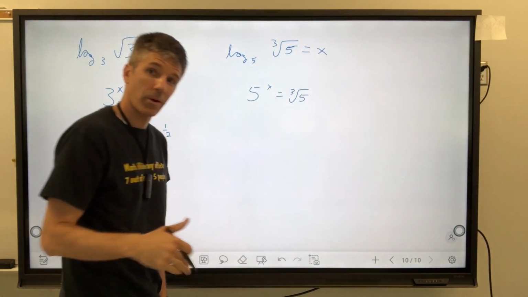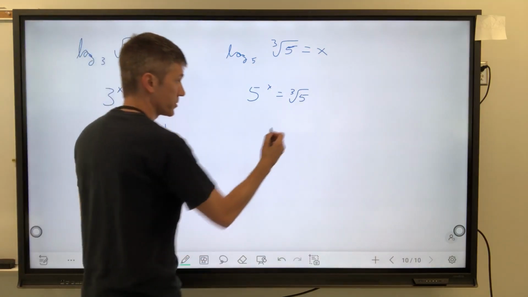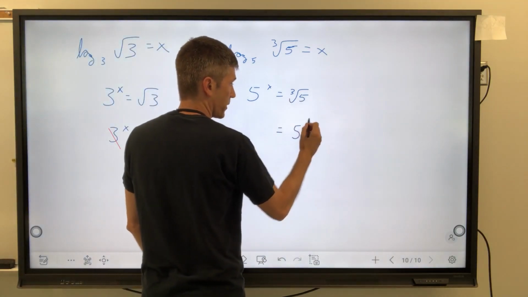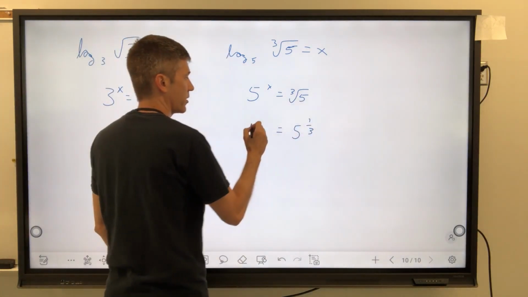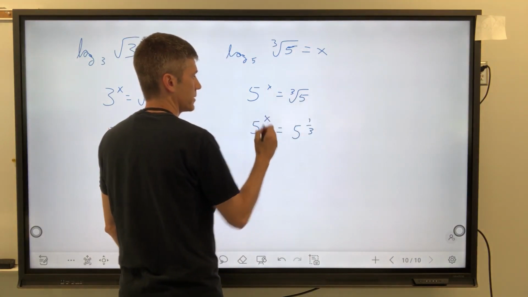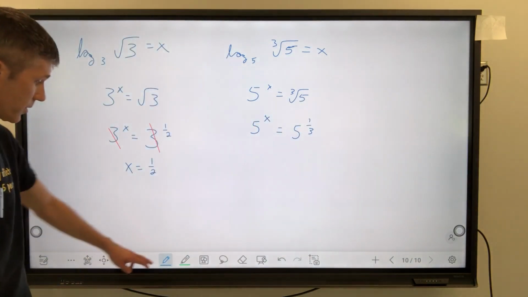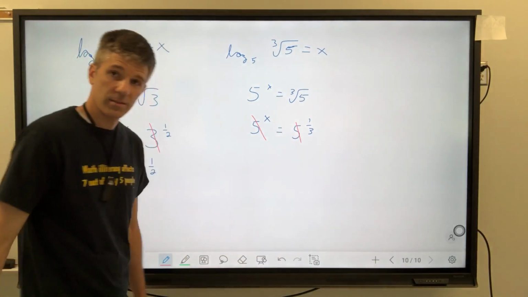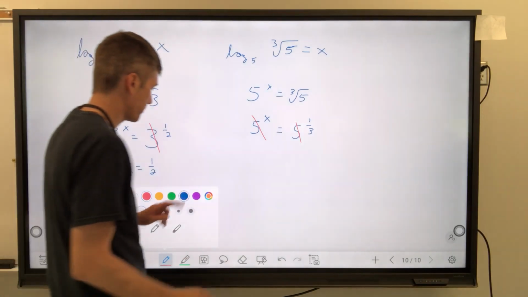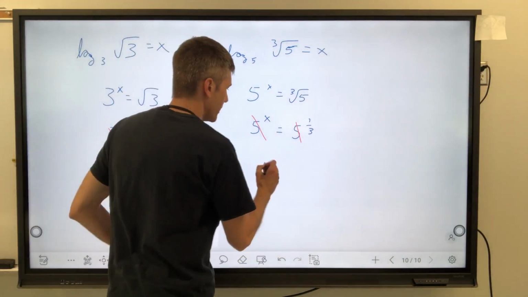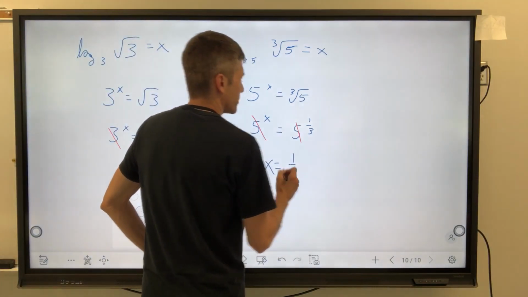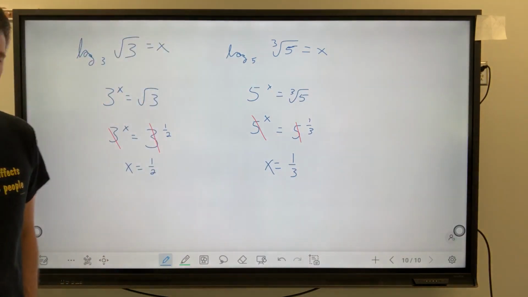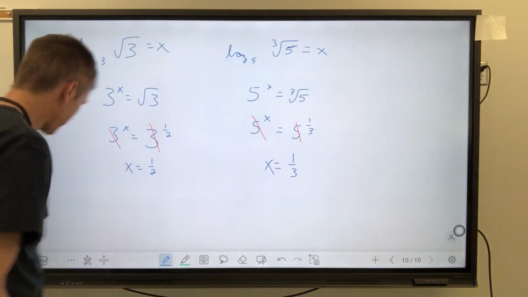Well, an exponent of 1/3 is a cube root. So a cube root has an exponent of 1/3. There we go. And using the properties of logarithms that you don't know, we can just do what looks obvious, and we are left with, well, you might know them, I don't know. Maybe you're watching this video just for fun because you like logarithms that much. Anyway, you get 1/3. Okay, let's do one more.